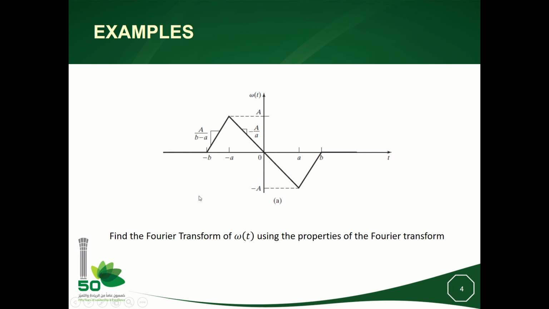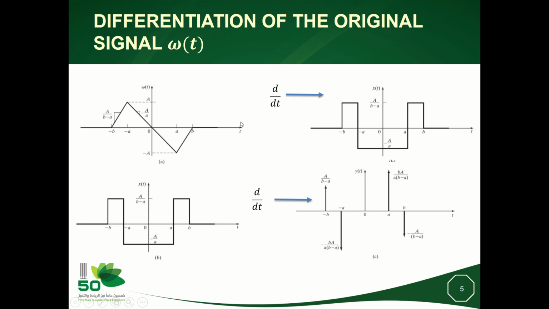We will see in this exercise that by differentiating the signal we simplify its form until we arrive at Dirac functions, where the Fourier transform is easy to get. Then I can use the differentiation property to form the Fourier transform of the function omega t. So now I will start with the differentiation.